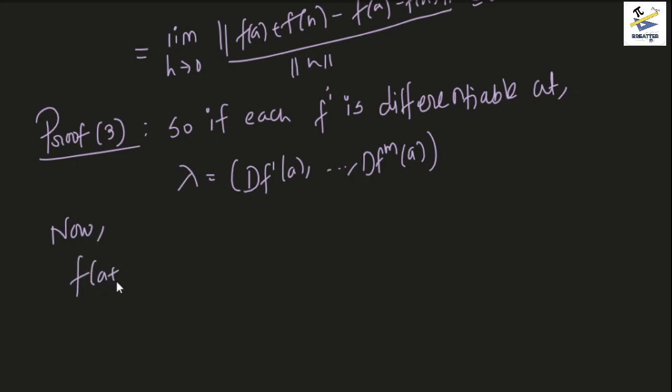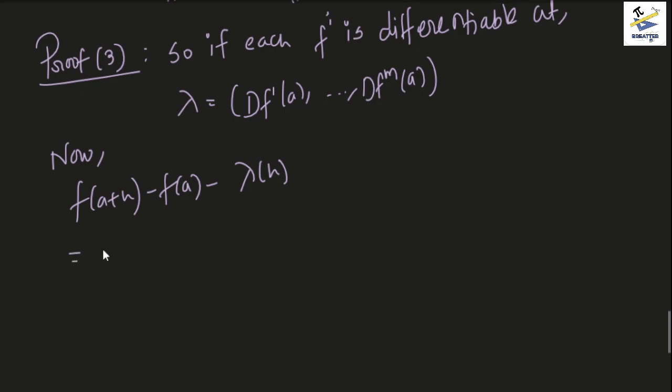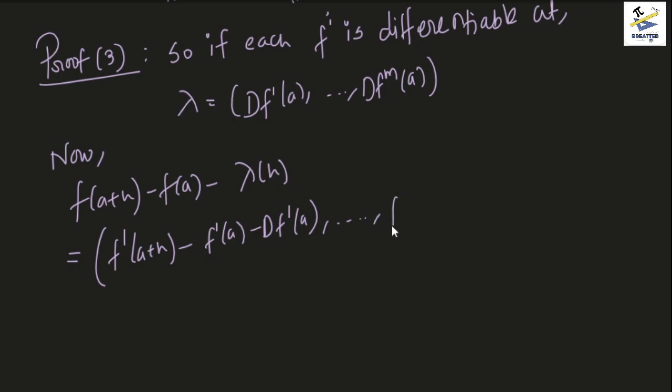We can see that f of a plus h minus f of a minus lambda h is basically equal to, now this whole thing can be found out because it's basically a vector and f has component functions. So we can see that the first component is this minus this minus this, the second one is this, and similarly the last one should be this, right?